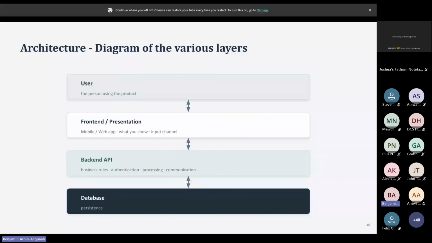And also with your database, it doesn't necessarily even have to be an actual database, right? It can be a simple file that you write something into. So a database is essentially a persistence layer. Anything that is able to persist the data coming into your application is fine as long as it works.